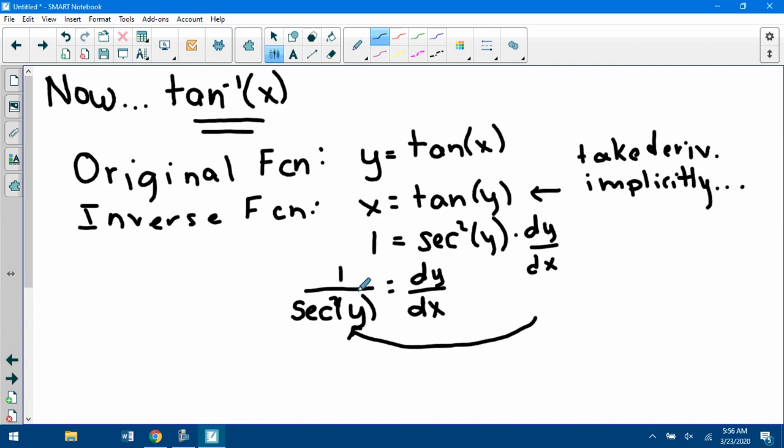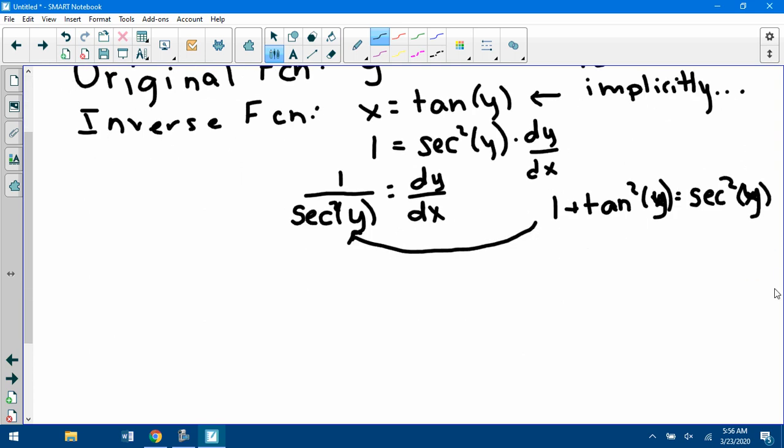What formula do you know that has secant squared in it? Well, 1 plus tan squared is secant squared. I guess I could say y here, because that's really what I'm using. So secant squared y is equal to 1 plus tangent squared y. So I could rewrite this as dy dx equals 1 over 1 plus tangent squared y.